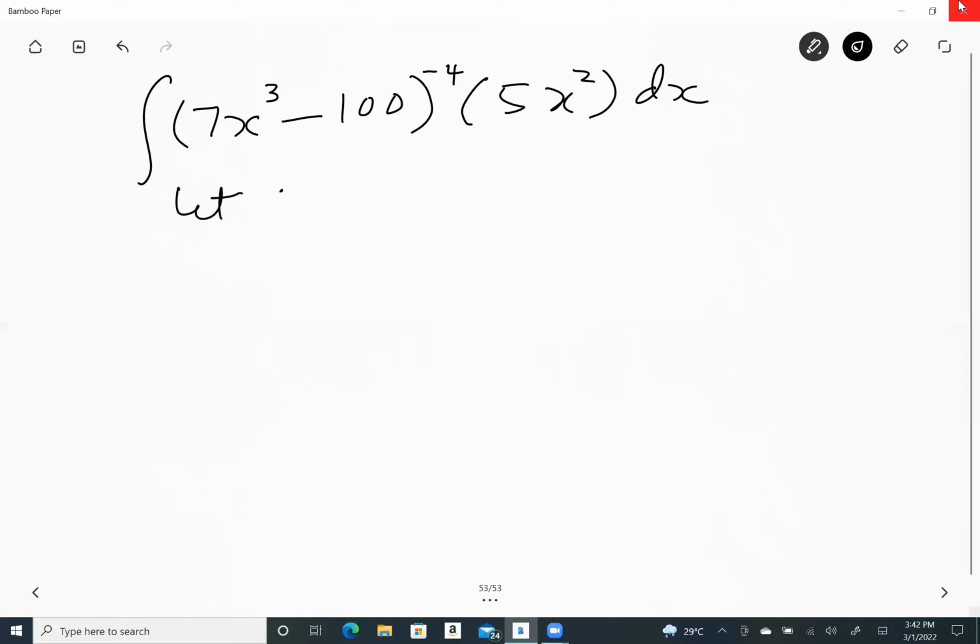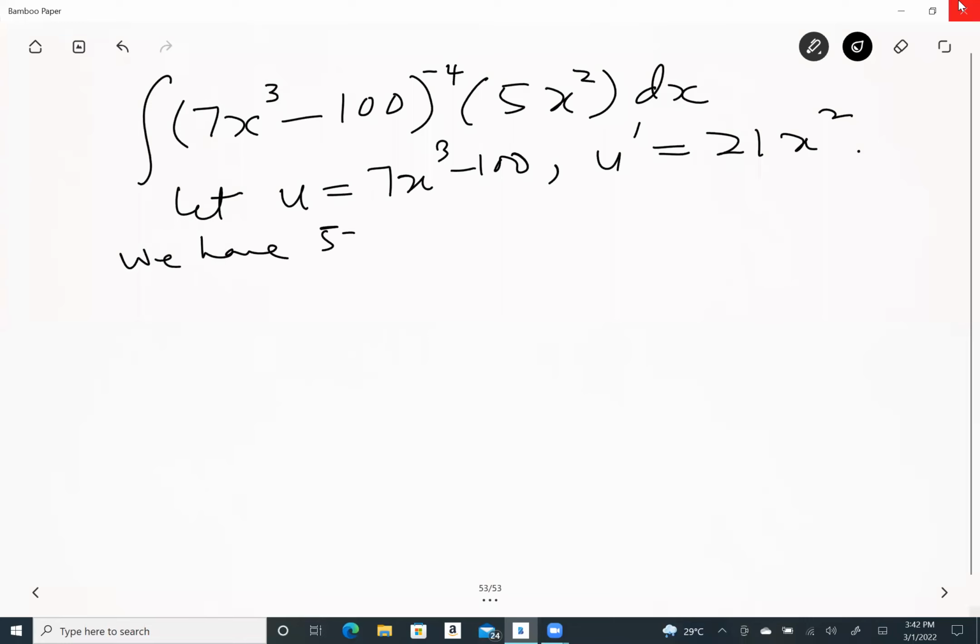So if you have u equal to 7x cubed minus 100, u prime should be 21x squared. But we have 5x squared. So it's not u prime.